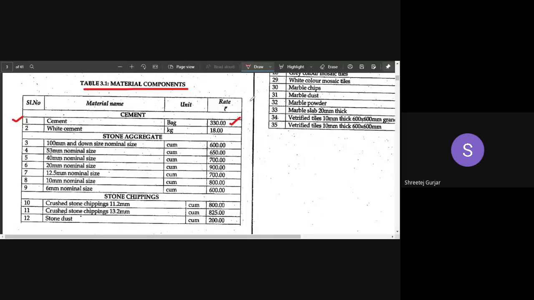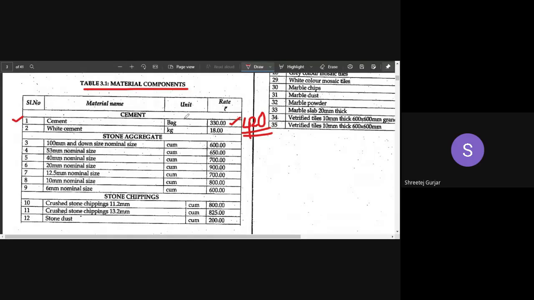Can anyone tell me the cement rate? 420, sir. 420 is the current rate. Which company's bag is this? Okay, so let us take it as 400 to 420.